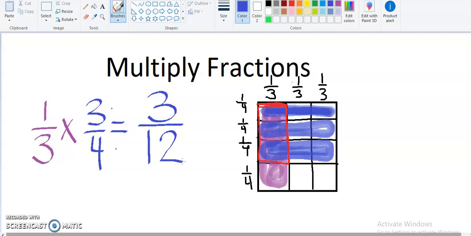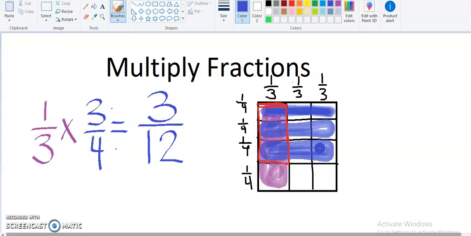Now let's look at this. 1/3 was represented here. And 3/4 was represented here.